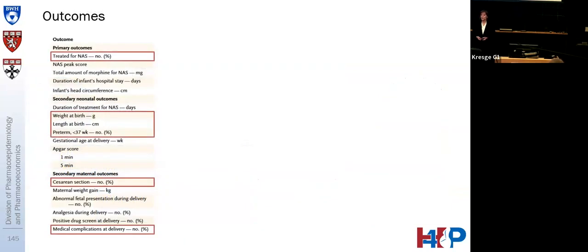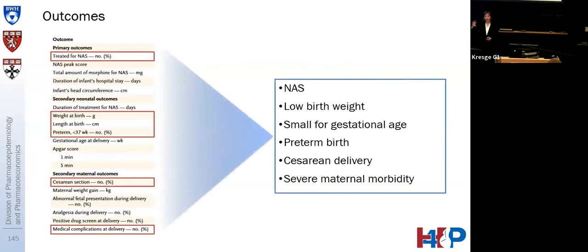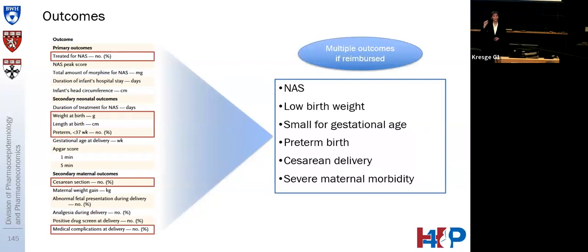So moving on to the outcomes. I mentioned that one of the major advantages of these data sources is that we have information on multiple outcomes. The MOTHER trial looked at a number of different outcomes that are listed here. We can only look at a subset of those. We can only look at those outcomes that result in a diagnostic code, in a procedure code, or in treatment that is then reflected in claims for reimbursement purposes.